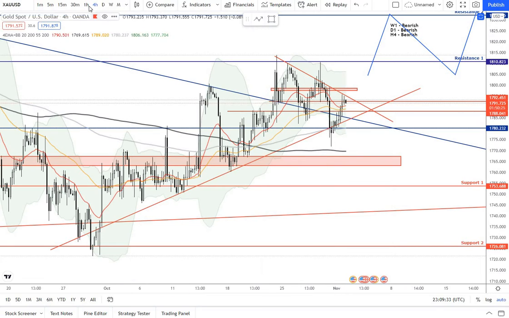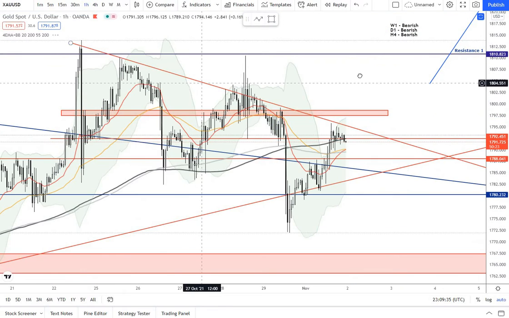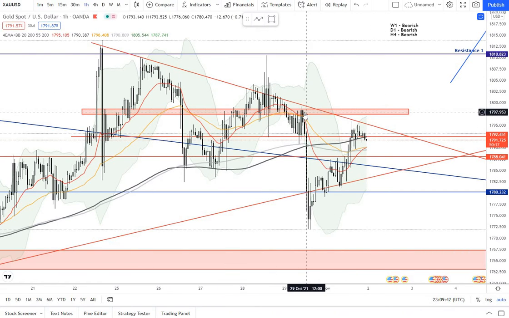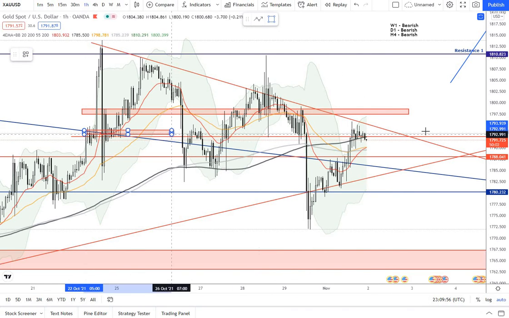So if I want to zoom down further, for those who may want to look for a day trade or a more aggressive trade, right? You can see that this would be the supply zone, and if I look into here, it's pretty much another supply zone for very short term trades.